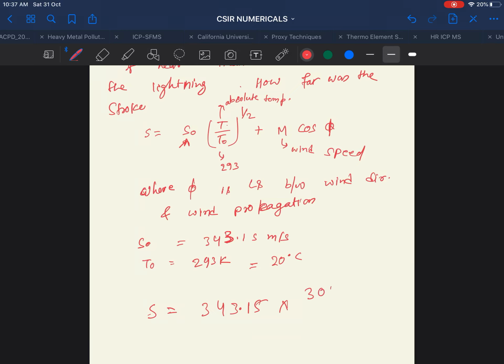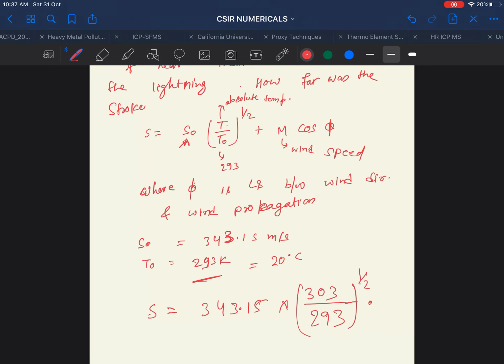So 30 plus 273 becomes 303, and this T naught is the speed of sound at calm air, normal temperature. The normal temperature of calm air is around 293 Kelvin, T naught is 293, to the power 1 by 2. The angle is not given, so there is no need to write cos theta.